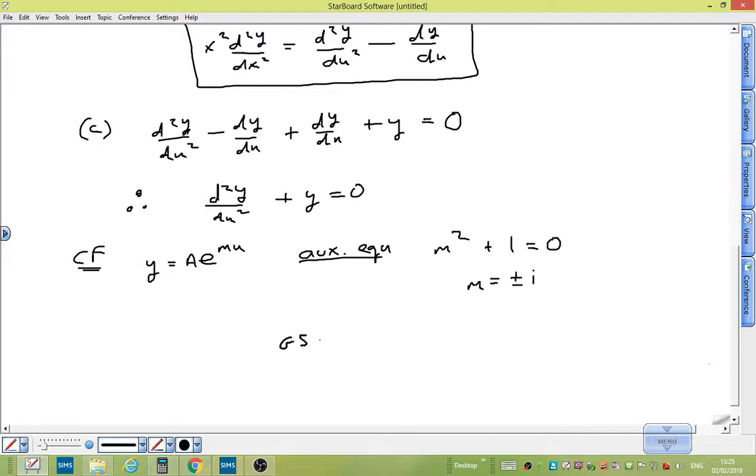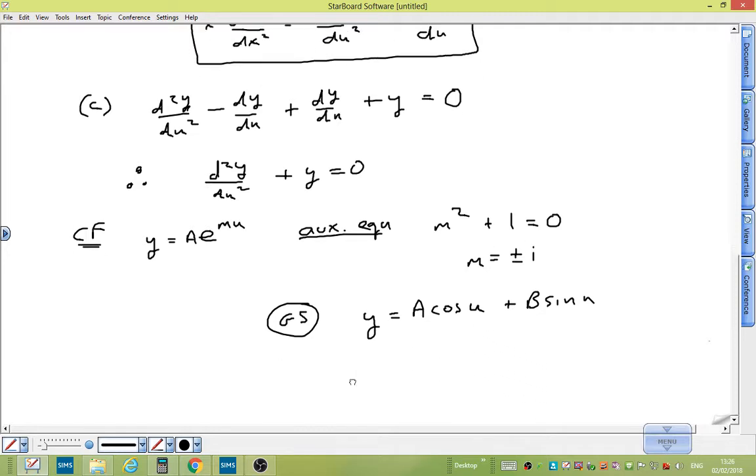The general solution will be y is equal to a cos u plus b sine u. And that's the answer there.